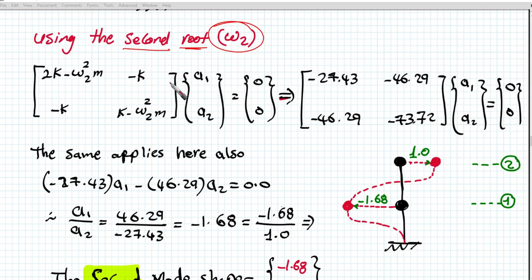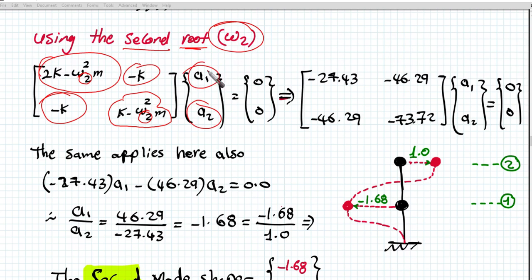We're going to follow the same way that we have used before. So we put the same 2k minus omega 2 squared m here, and here it is k minus omega 2 squared m, and minus k the same. A1 and A2 are associated with omega 2.